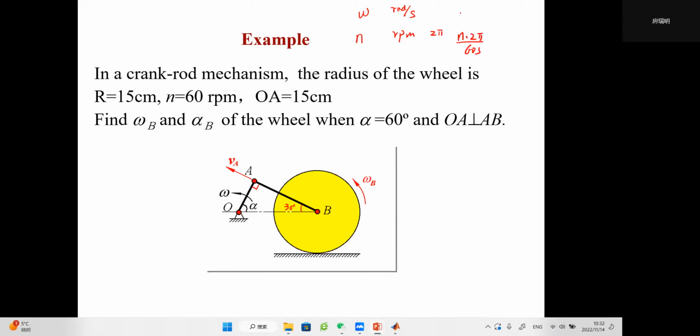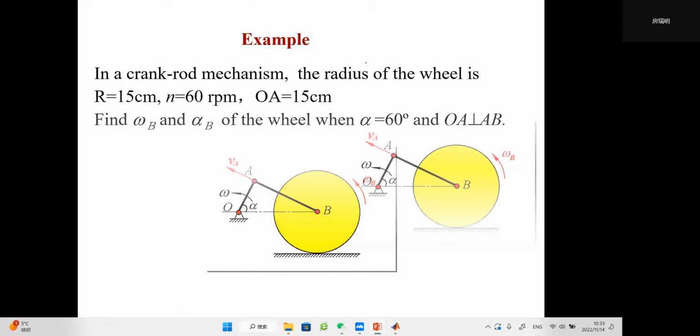Then you will find omega equals n pi over 30. That is how we find the relationship between omega and n, right? We just need to change the unit from RPM into radians per second.